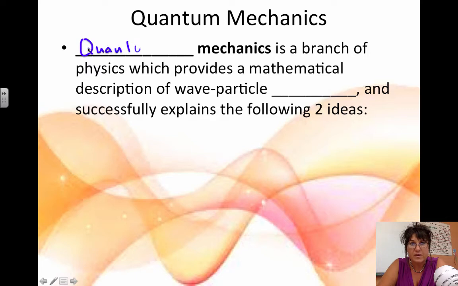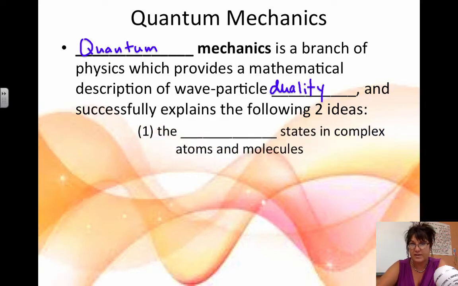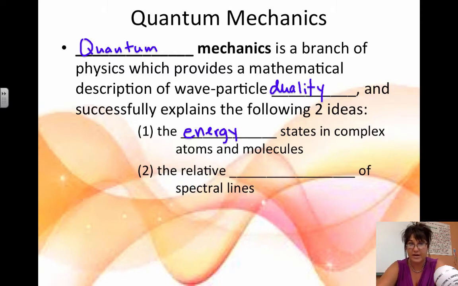Quantum mechanics is a branch of physics which provides a mathematical description of wave-particle duality, where we know that matter is both a wave and a particle, so we have to join both ideas together. So we can successfully explain the idea of varying energy states in complex atoms and molecules, not just simple atoms like hydrogen.